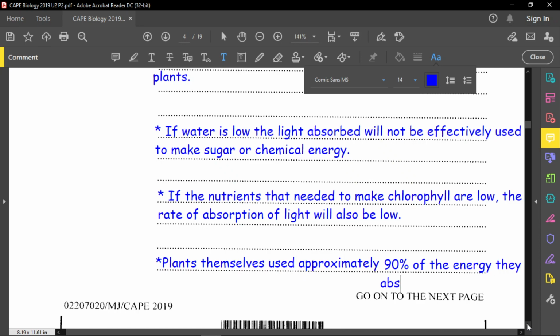Okay. All right, just to make a note of that. So use about 90% of the energy that they absorbed. And so they use this energy for their own functions, which are their biological functions, which will be growth and development. So just to make a note of that.